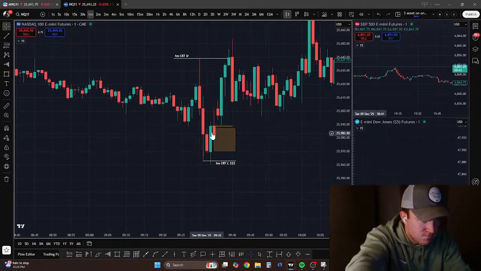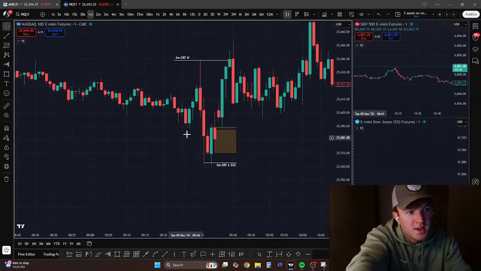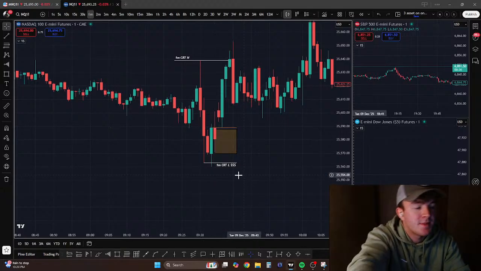And we dropped the CRT. And I'm gonna use the opening price here because we got displacement.